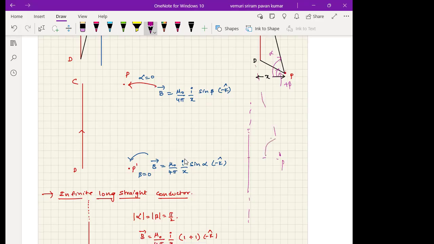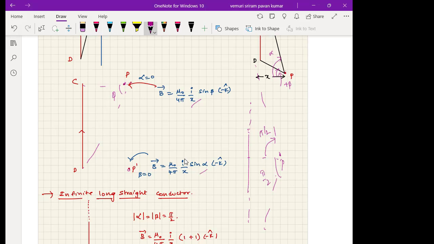Very high angle, pi by 2, almost pi by 2. Infinite long. If finite, exactly at one end, what happens? Alpha becomes 0 and it all depends on beta only. Suppose we are selecting a point over here, beta becomes 0, and it depends entirely on alpha.